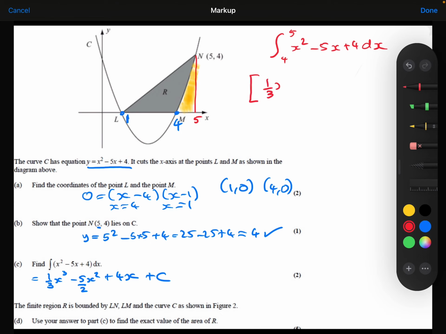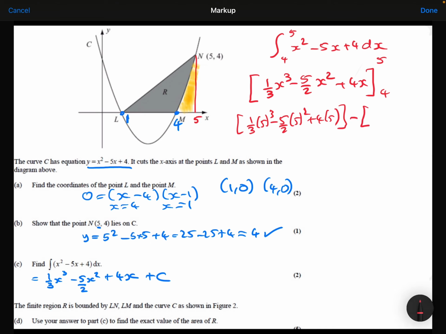We'll have 1/3 x cubed minus 5 over 2 x squared plus 4x between 5 and 4. So we'll substitute the 5 in here. So 1/3 times 5 cubed minus 5 over 2 times 5 squared plus 4 times 5.